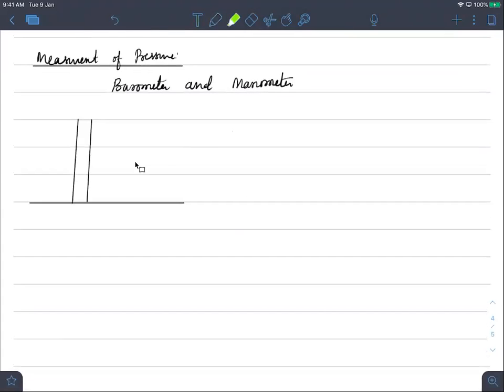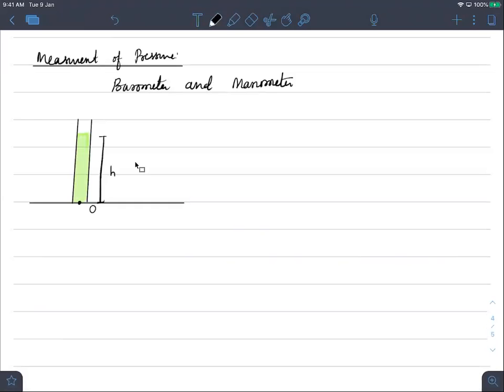Suppose I have a particular liquid in this simple liquid column, and this liquid column is at a height h. Observe this point carefully.